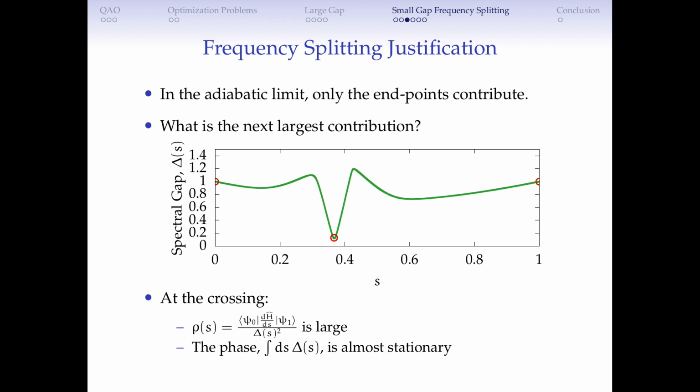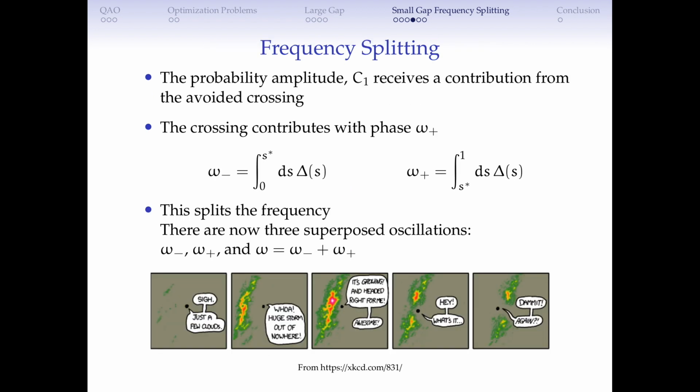And if you're integrating the spectral gap through an avoided level crossing, it's almost stationary at that point. And so you can't use stationary phase approximation, but you're getting close. So it turns out that that point of avoided crossing is another point that matters when you're going too fast.